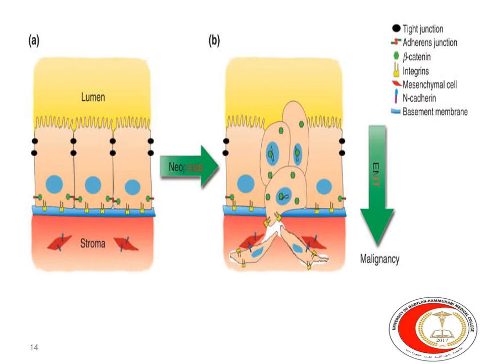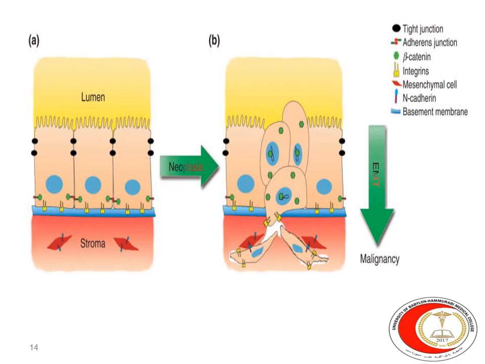So in the beginning we will have loss of polarity or loss of adherence. يعني بدل ما السيل كلها باتجاه واحد راح نشوف انه السيل راح تكون بعدة اتجاهات. So there is loss of polarity, but at the beginning in situ, مثل ما قلنا بالمحاضرة السابقة, it is still limited to the basement membrane.